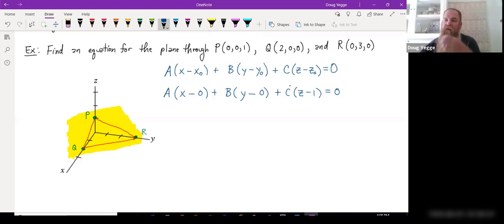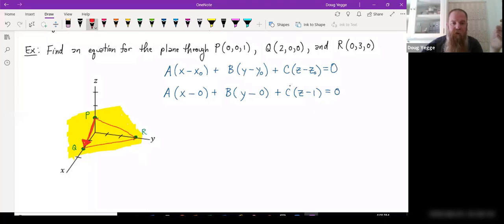Well, the only type of vector that I know that I could find that's orthogonal to a plane is a cross product between 2 vectors. So just like we did in a previous example, if we have 3 points, we could find vectors involving those points.